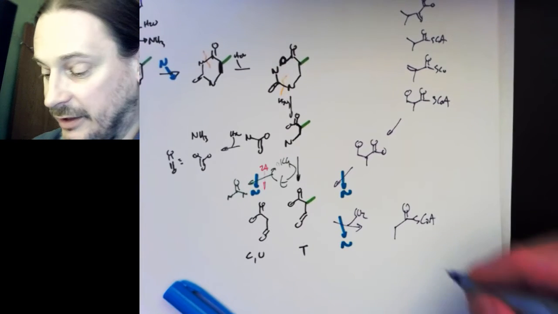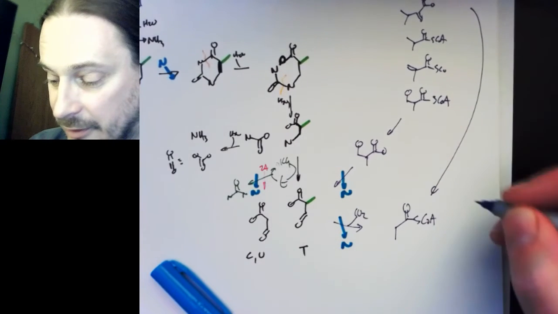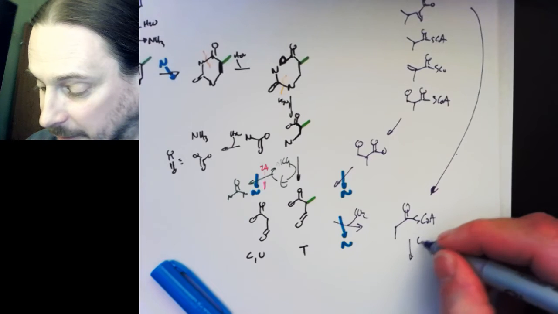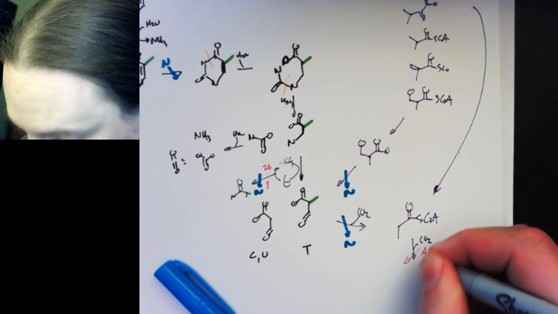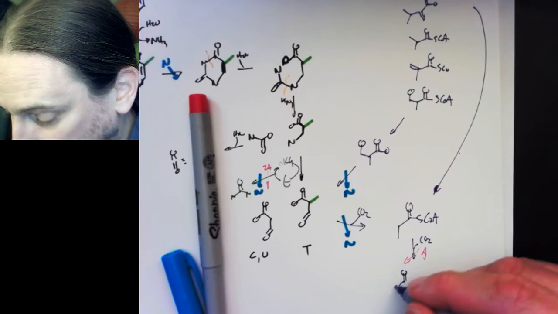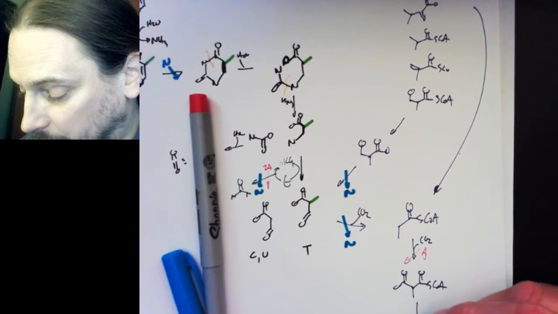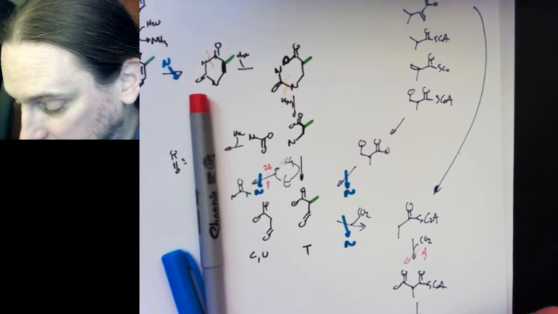And then we finish the catabolism that comes all the way down. I could say, well, here isoleucine went all the way down to here, right? And then we finish the catabolism, CO2, ATP, and we get this thing. And then we rearrange it, and we get succinyl-CoA, which goes into the TCA cycle.